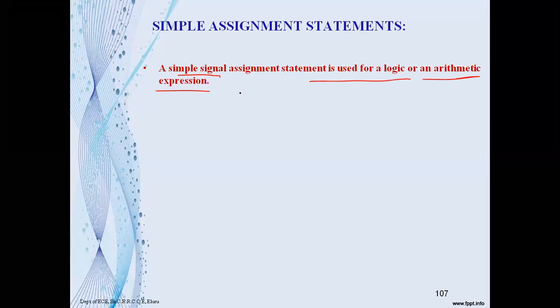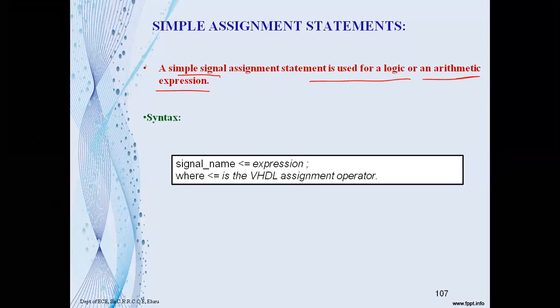The syntax is very easy: the signal name, then the assignment operator, which is called the simple assignment operator, and then the expression. The expression can be a logic expression or an arithmetic expression. This is the VHDL assignment operator.